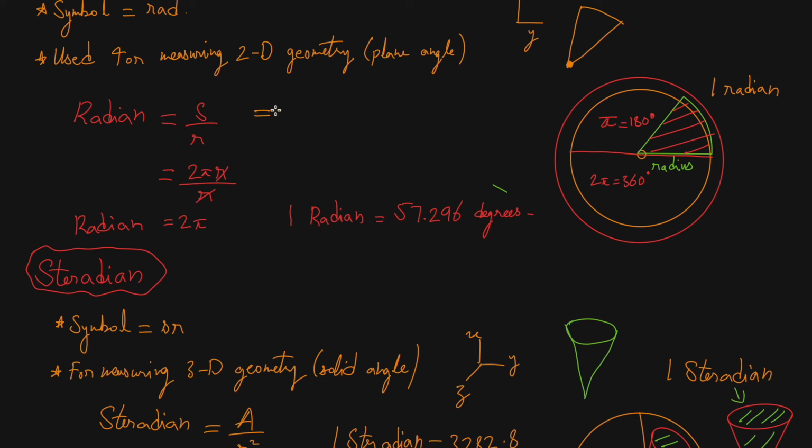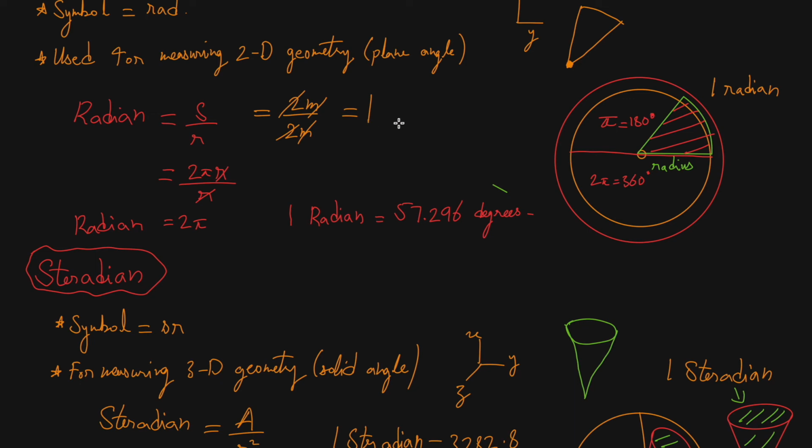If the radius of the sphere is 2 meters, the arc length should be equal to 2 meters. So 2 is cancelled out, and at the same time meter is also cancelled out. So we have 1 and we have no unit of it. So this basically means that it doesn't have any physical dimension.